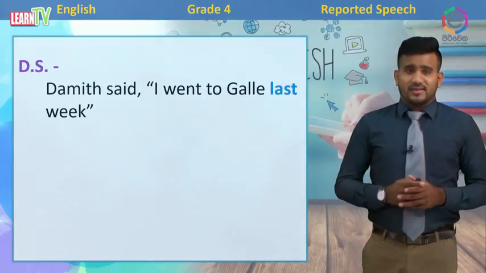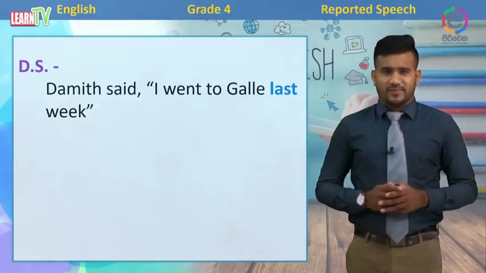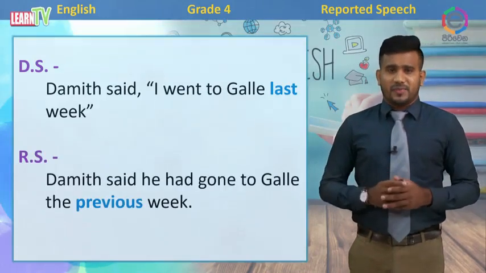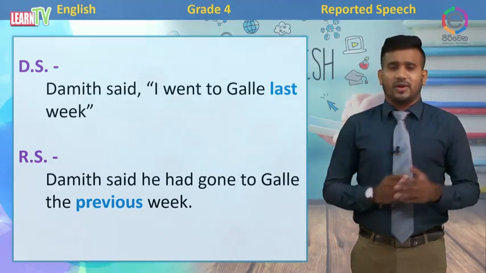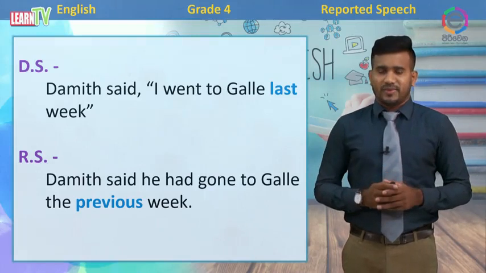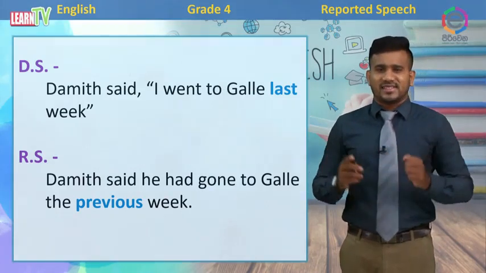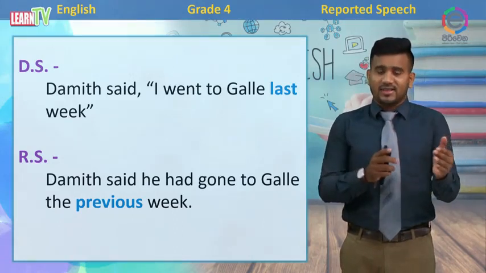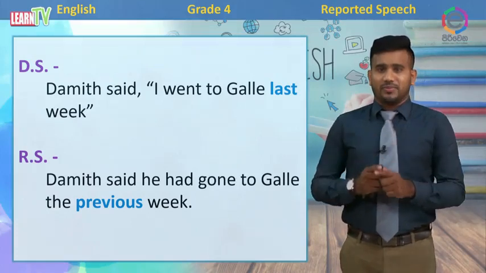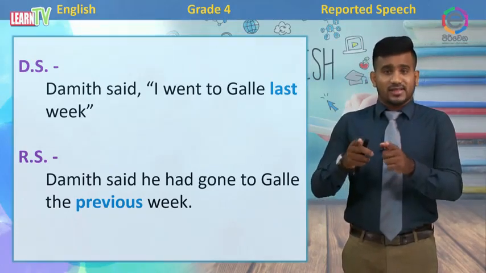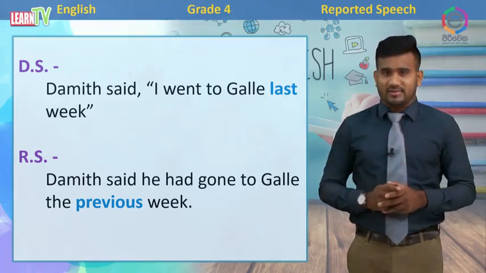Direct speech: Damith said, "I went to Galle last week." In reported speech, Damith said he had gone to Galle the previous week. Now you can see the word last has been changed to previous. I went to, went, is simple past. It has been changed to past perfect, had gone.